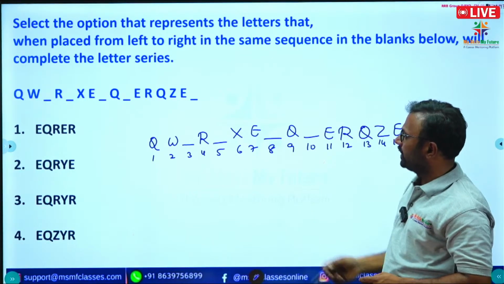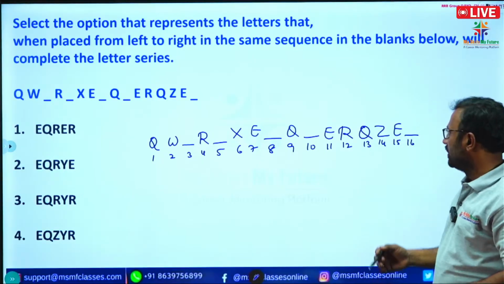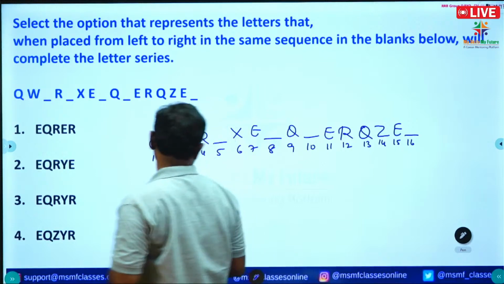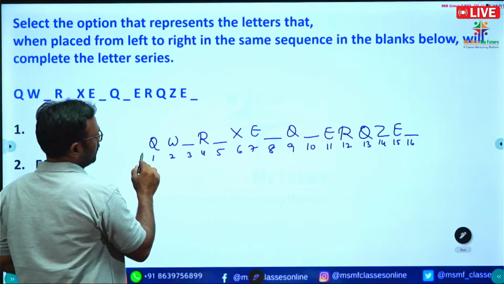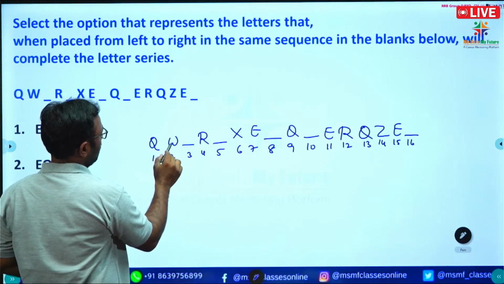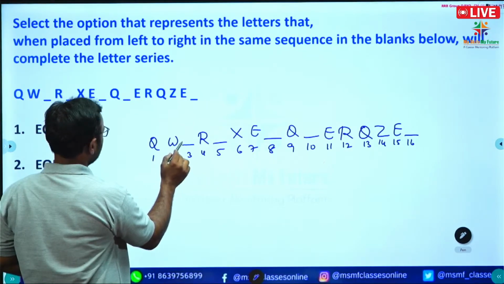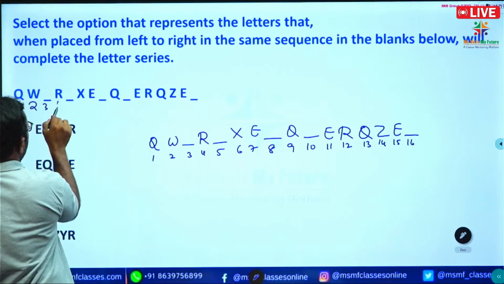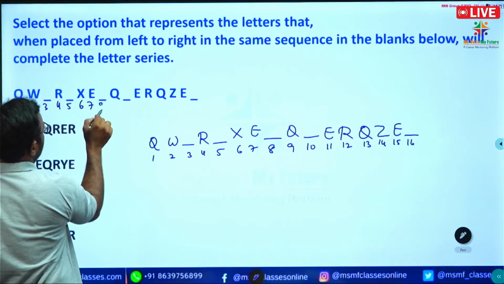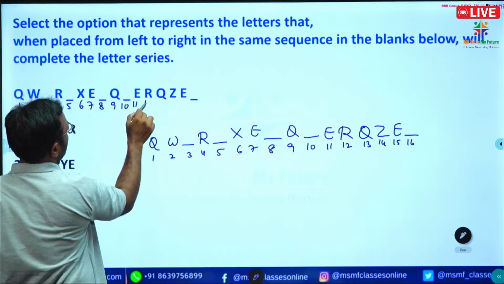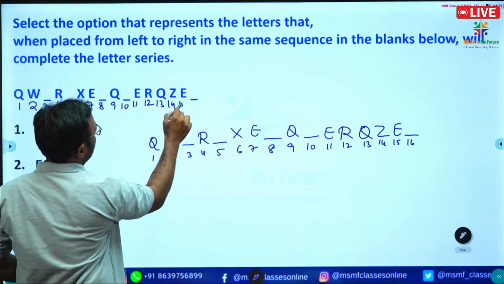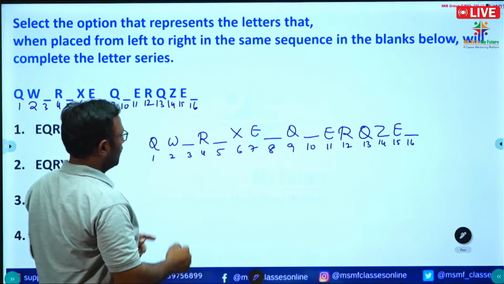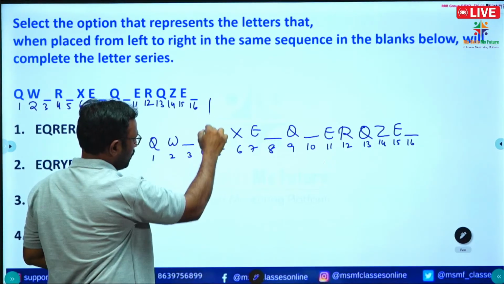Up to 8 parts, we don't find any relation. If the set is divided into 4 parts, here Q, W, dash, R. Once again, counting up to 16, I am dividing according to 4, 4, 4, 4.